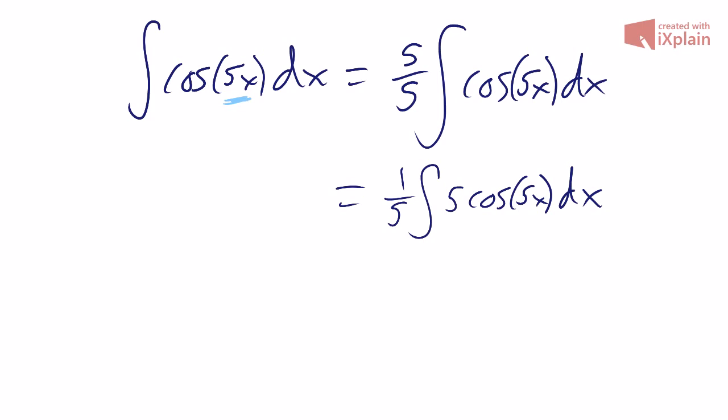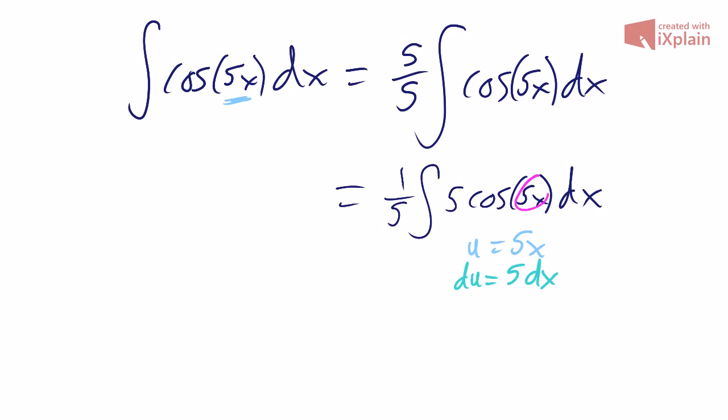So let's say u is equal to 5x. The inside function is 5x. And now du is the derivative of 5x times dx, so that's 5 dx. Okay, and now I substitute.